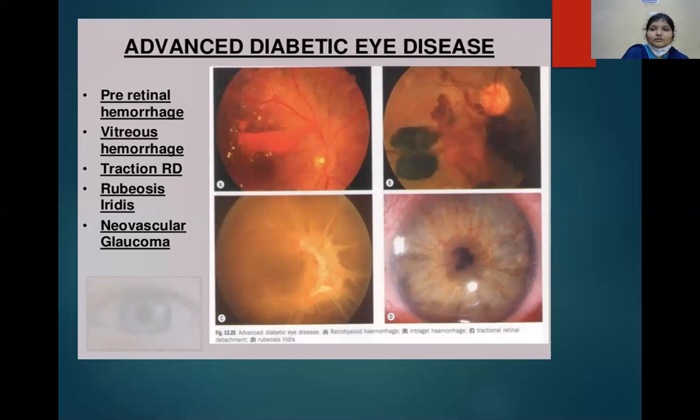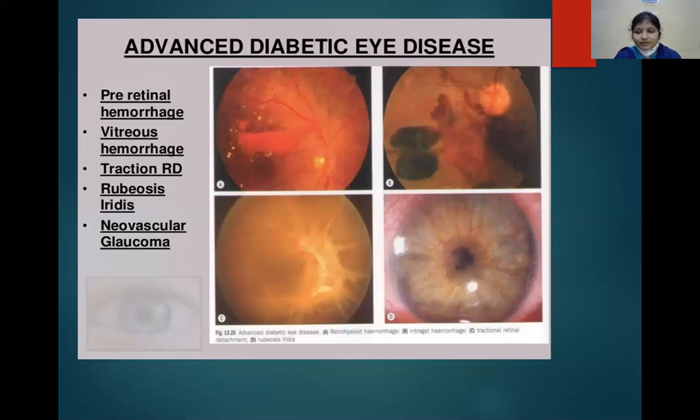So until now, we have dealt with what is diabetic retinopathy, what are the various risk factors of diabetic retinopathy, and what is the pathogenesis of diabetic retinopathy, and how do you classify diabetic retinopathy. So the risk factors are duration, the type of diabetes based on the glycemic control, associated hypertension, pregnancy, and smoking, anemia, obesity.